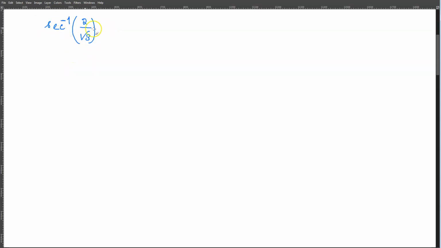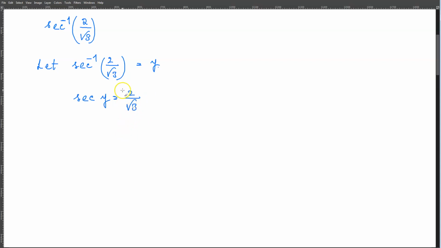So if I let secant inverse of 2 over square root of 3 be equal to y, for example, that means that the secant of y is equal to 2 over square root of 3, right?